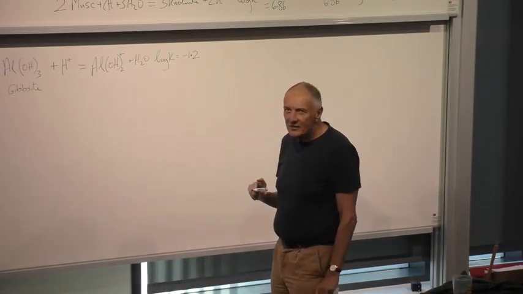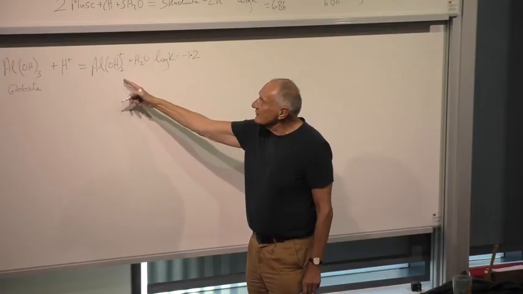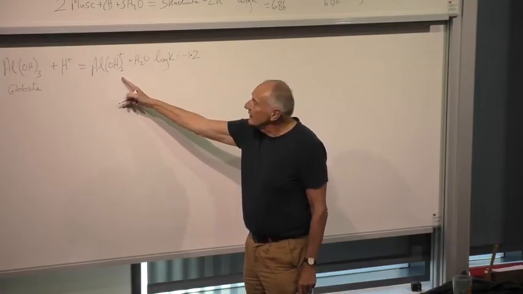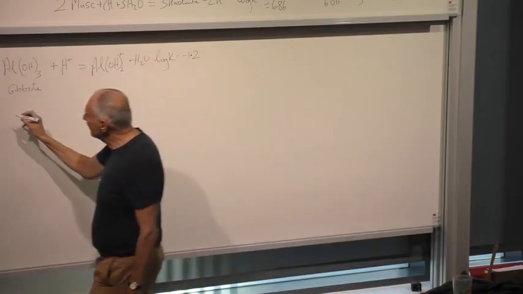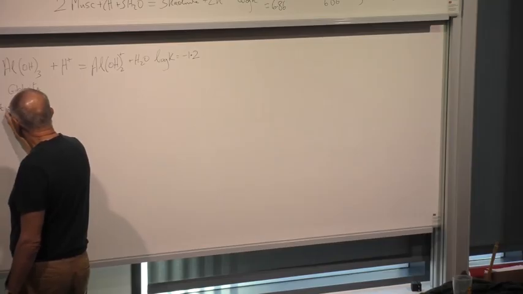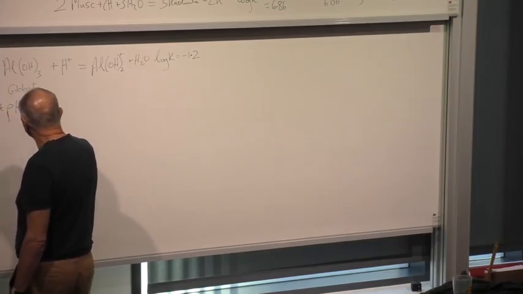Okay, so we ask ourselves, how much of this species is in solution at pH 6? A nice, fairly straightforward sort of neutral-ish pH.